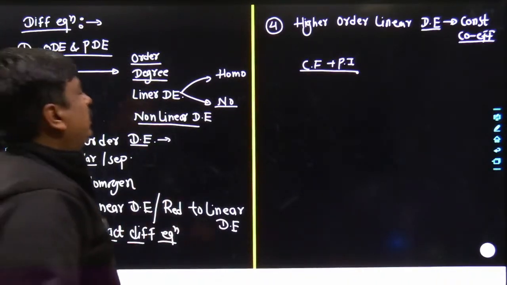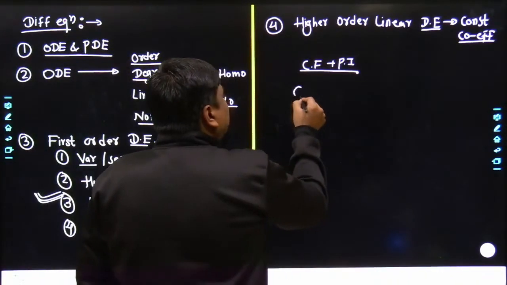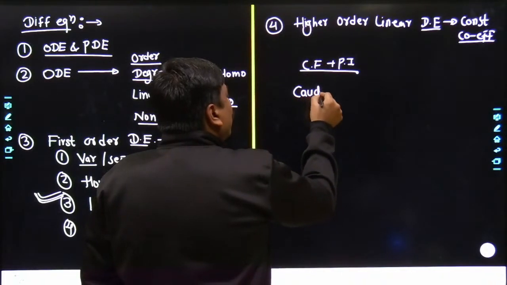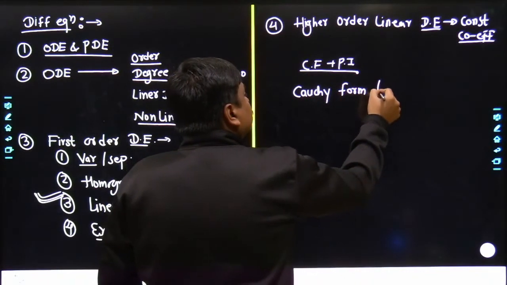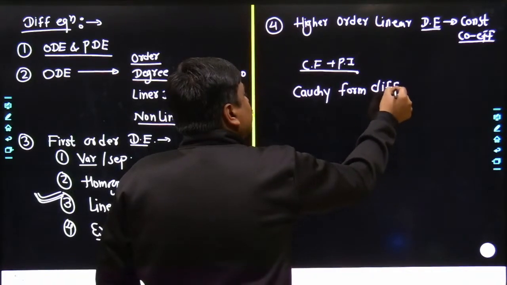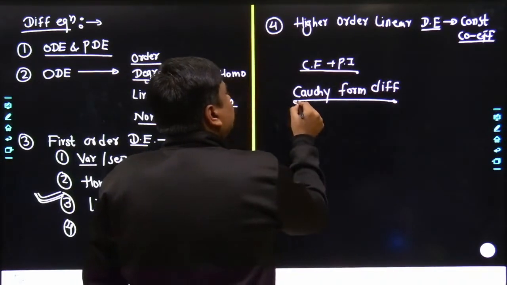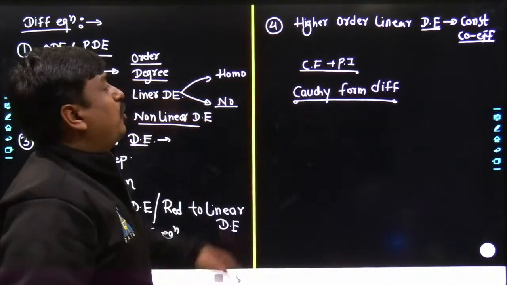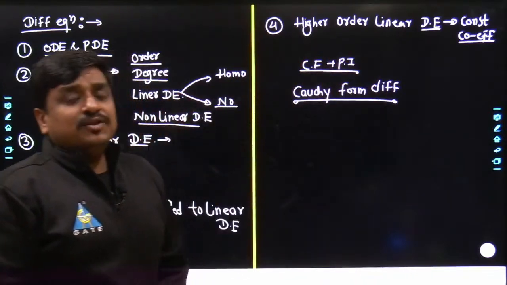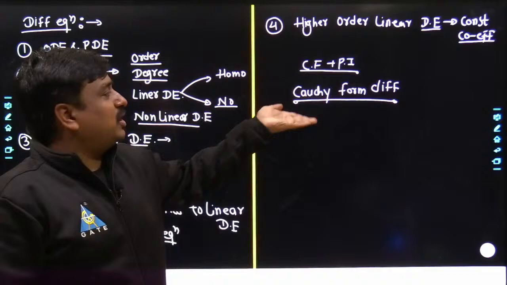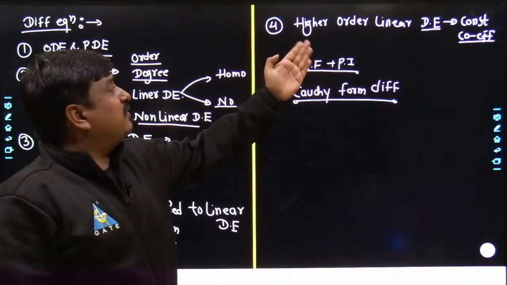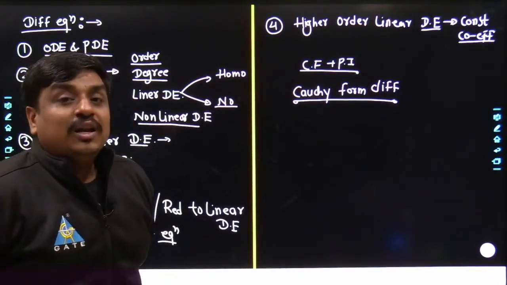Yes, and here I have seen that problems have repeatedly started coming from Cauchy's form of the differential equation. So I would recommend to each one of you: Cauchy's form is not a differential equation which contains all coefficients as constant, but after deducing this particular differential equation, we can derive a differential equation with only constant coefficients.